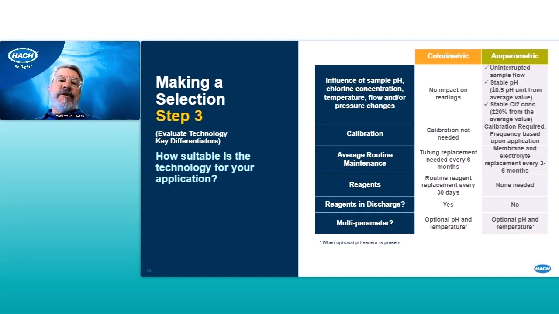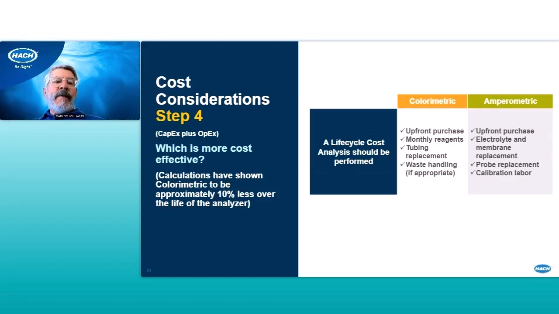Then also take a look at the different influences on your sample analysis, whether or not you want to calibrate, what your routine maintenance might be, and what works for your application. And then if you can have reagents in your discharge or not. And then which is more cost effective. You have to look at the total cost of ownership and the life cycle of the analyzer.